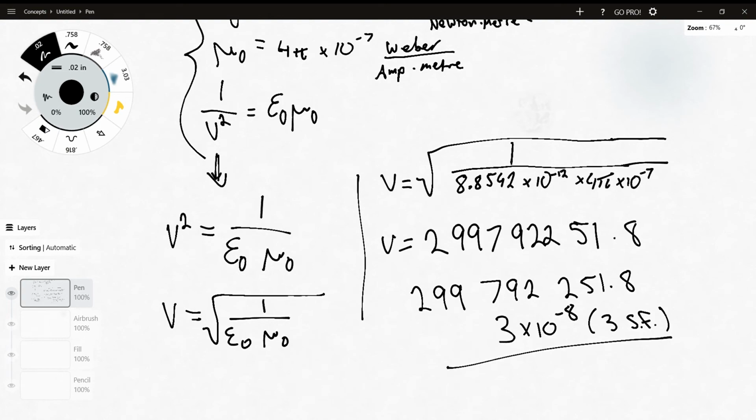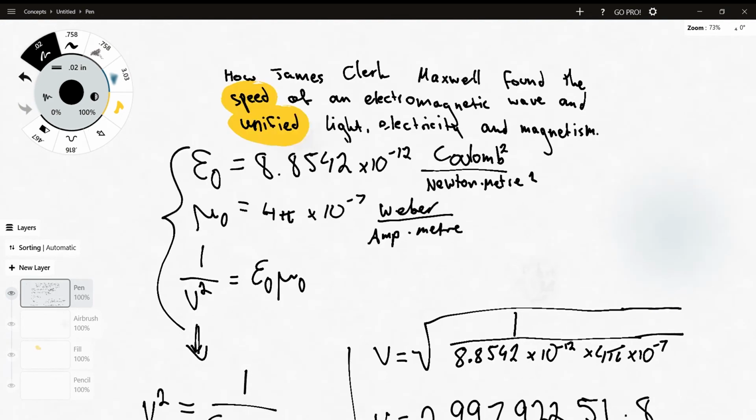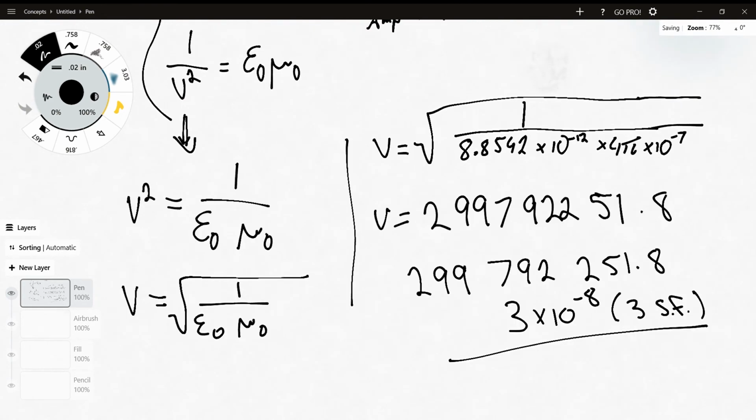It was a very interesting result for Maxwell because the speed of light at this point was already known. But this is a new discovery to find the speed of an electromagnetic wave. Well, he was the first person to believe that electricity and magnetism were able to be unified under one umbrella of laws and phenomena.